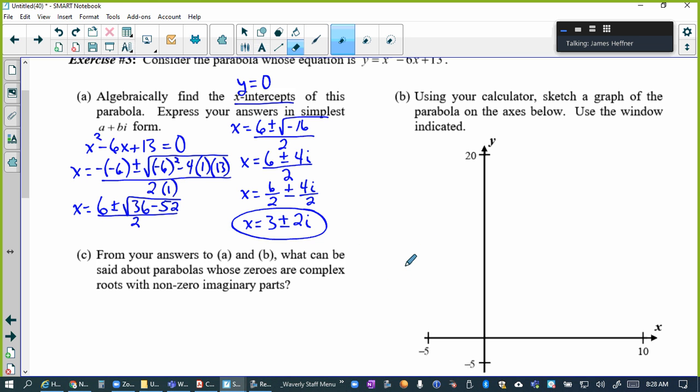So let's get a table of values, which means we'll need to put this in our calculator, whether you're using the one I shared with you or Desmos or whatever it is. Let's bring that up.